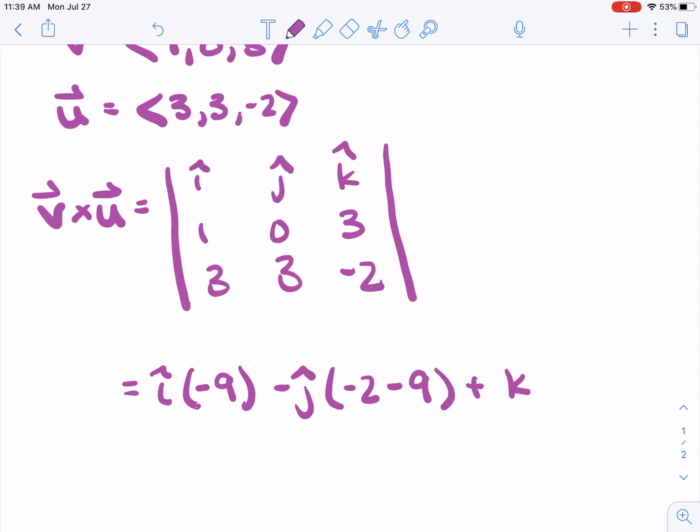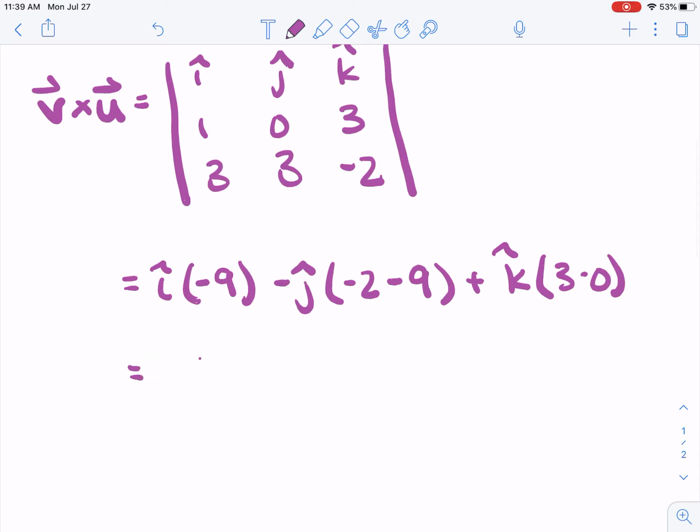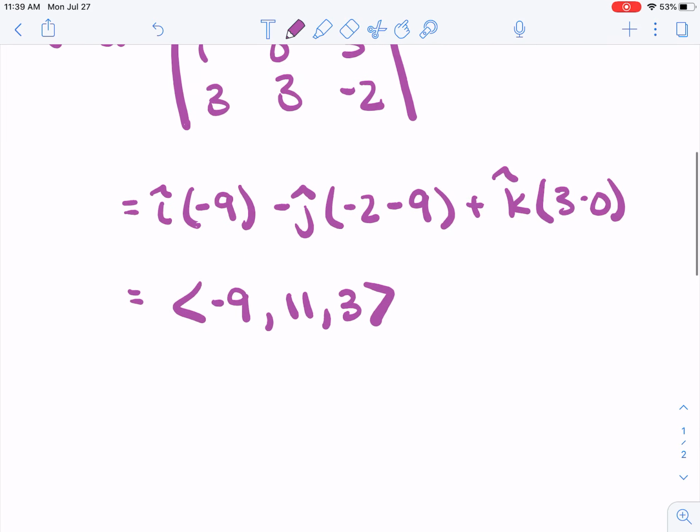I go plus k times 3 minus 0, which is -9, +11, +3. So that's a vector. That's going to be our normal vector. That's perpendicular to our plane.